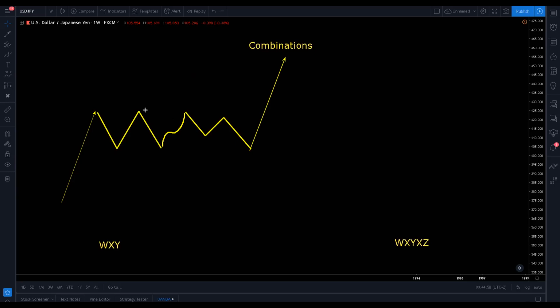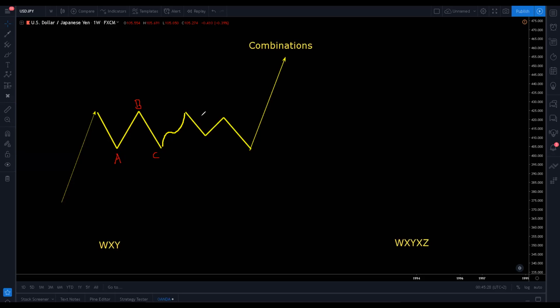So the way you're going to label this, on the lower degree, you're going to have your wave A, B, and C. Okay. The structure in between there can be anything. It can be a 5-wave move, it can be a 3-wave move, and with my experience, it's usually difficult to count this midsection.